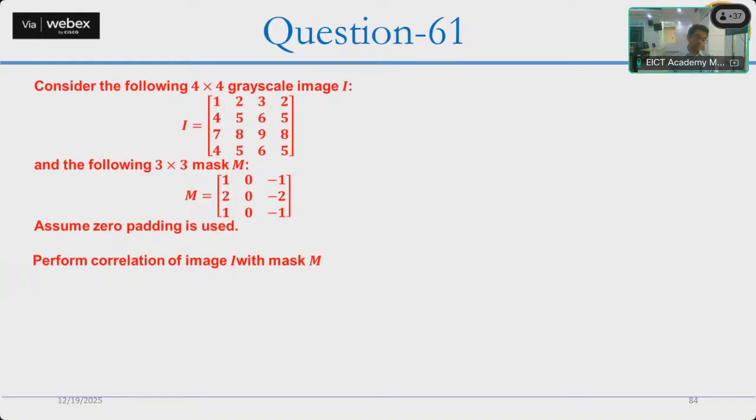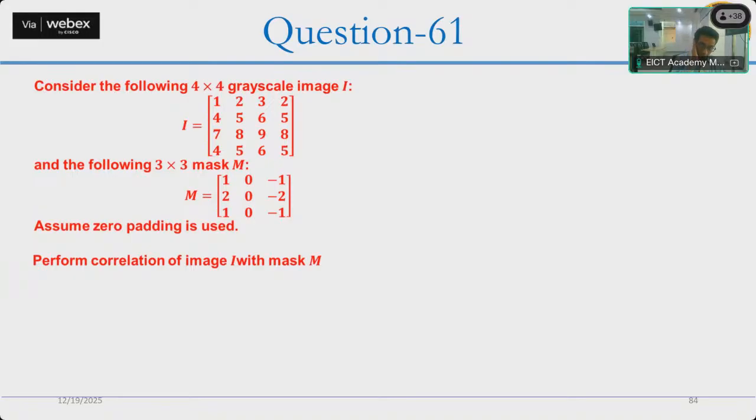Another operation apart from convolution is correlation. In correlation, you take image I with mask M. Are you able to remember what we did in correlation?